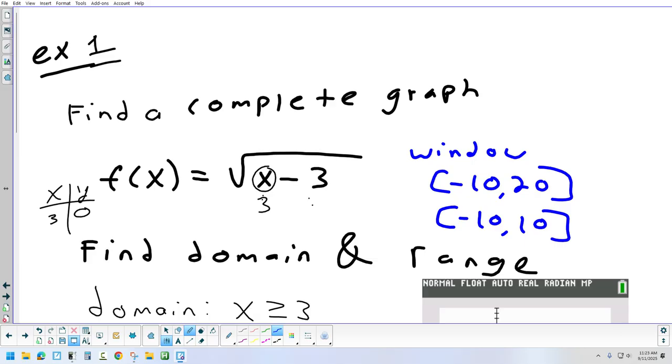Remember, the numbers are always in order: x min, x max, y min, y max. If you don't want to do it that way, you can write out x min, x max. That's a little faster.